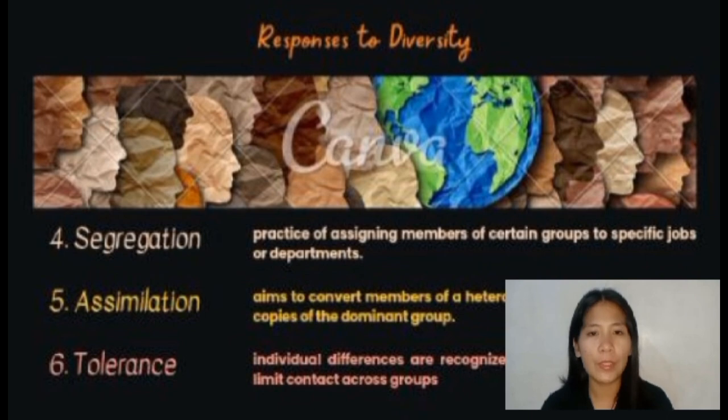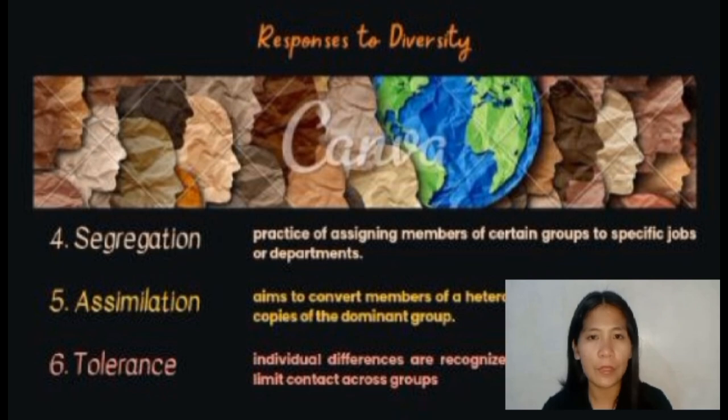Segregation refers to the enforced or systematic separation of groups of people based on characteristics such as religion, gender, or socioeconomic status. Example, in a company, there are separate restrooms and break rooms for managers and employees. Managers have access to luxurious facilities, while employees have basic amenities.